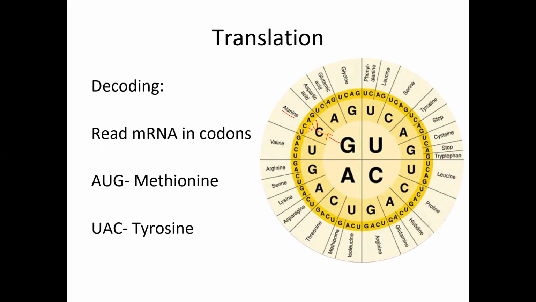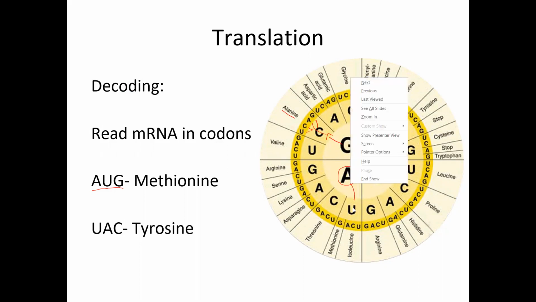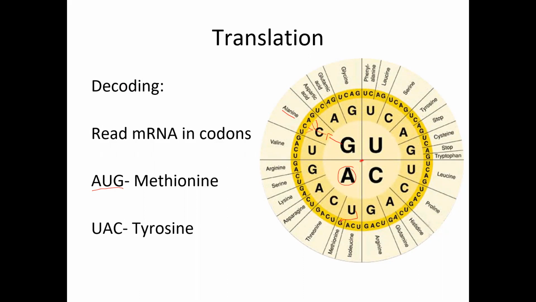Okay. So how does this work for you if you're trying to figure out what's going to go there? If I take something like AUG, which is methionine, and that's our start codon, it's always the first amino acid in every single protein. So I start with the first letter in the middle, closest to the point. I go from A to U, from U to G, because that's the next letter, and I get methionine.